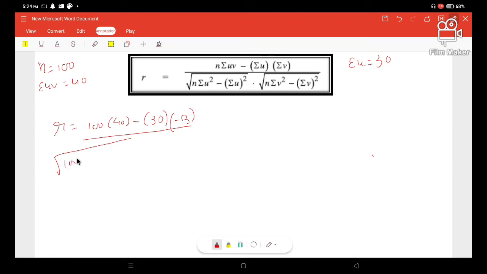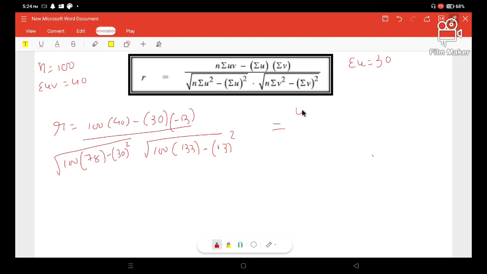That comes to u square was 78, and this is our v square, which is 133, and this was 13, the whole square.